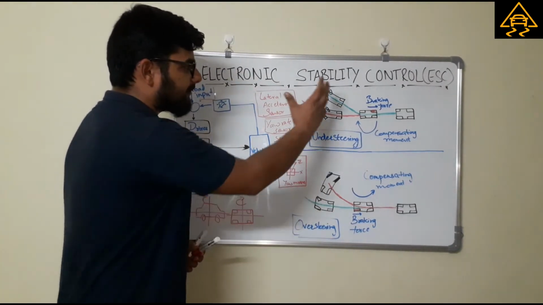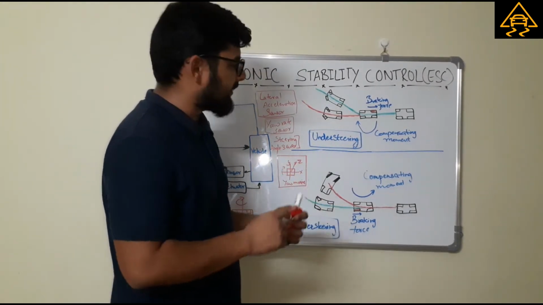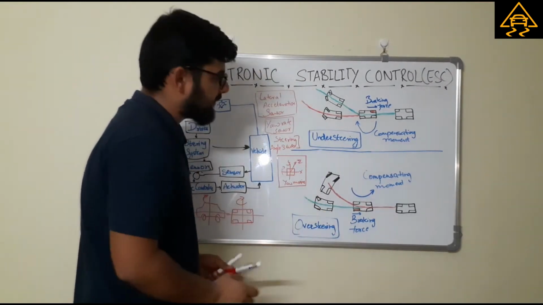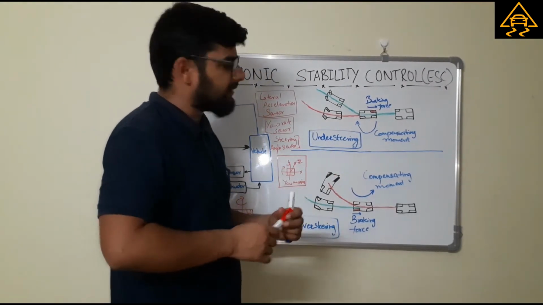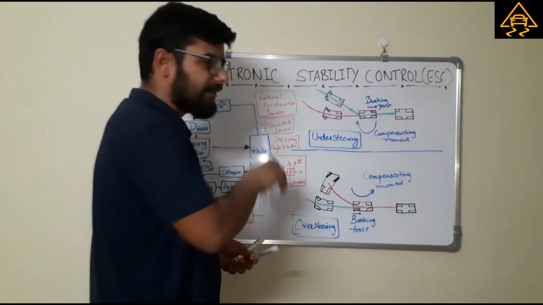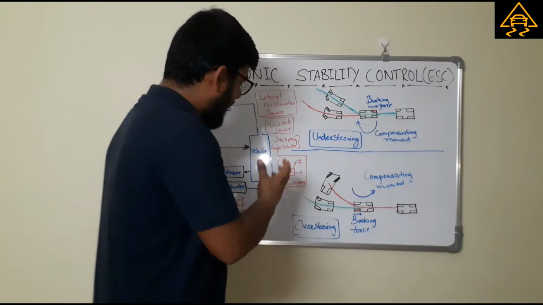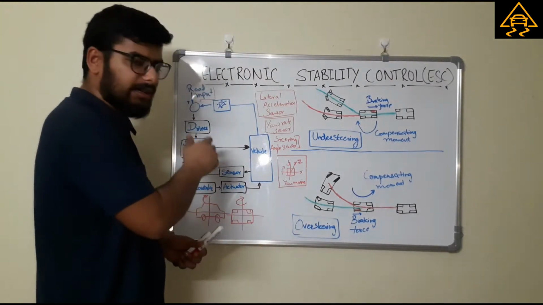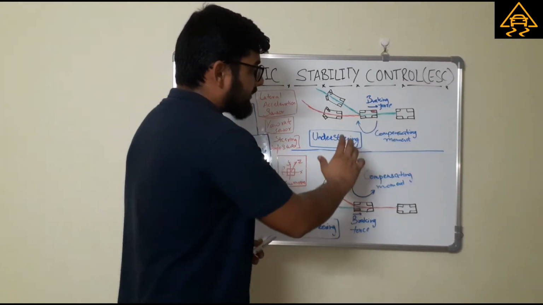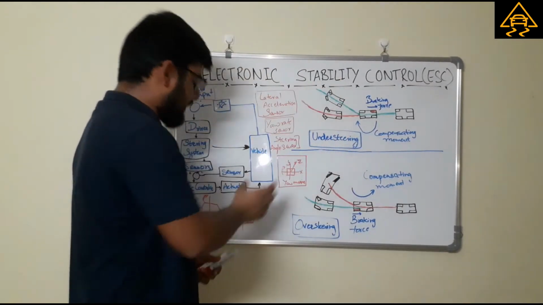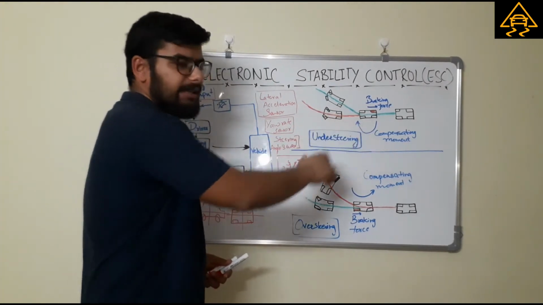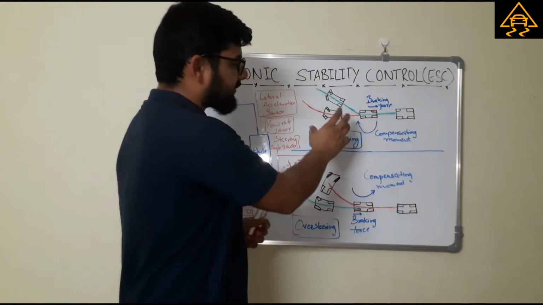The electronic stability control system comes into function during situations of understeering and oversteering. Understeering is when the vehicle is taking a turn less than intended. The ESC module sees how much the vehicle needs to be turned, but it is turning less.